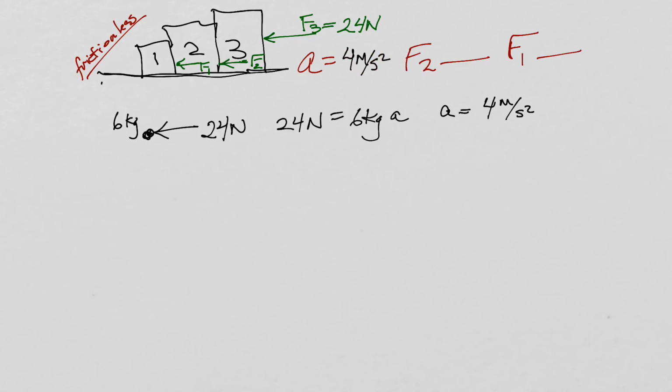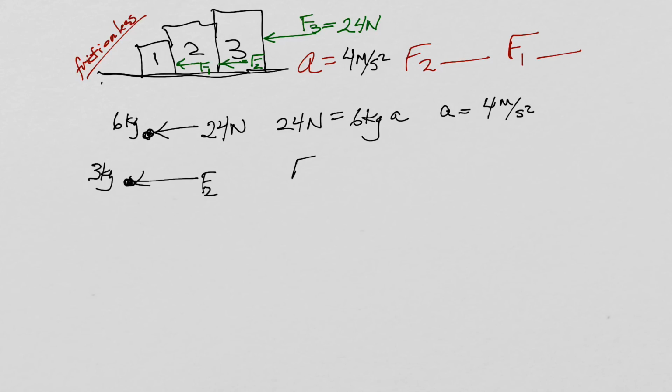Now, if that's true, let's see if we can identify what the size of F1 and F2 are. All three boxes move at that acceleration. So now I'll look at the force F2, and in this case that force is pushing 3 kilograms of mass, and I know that results in 4 meters per second squared of acceleration.